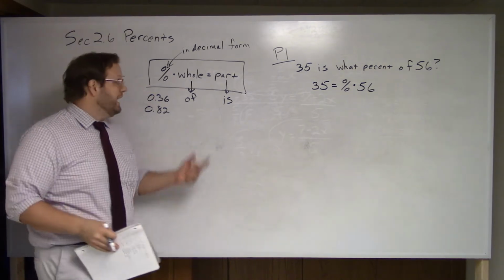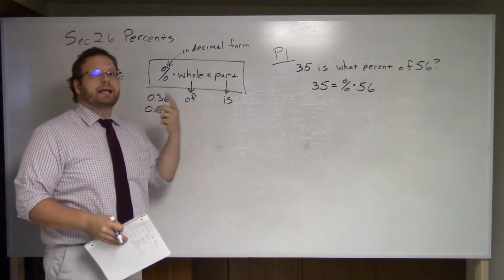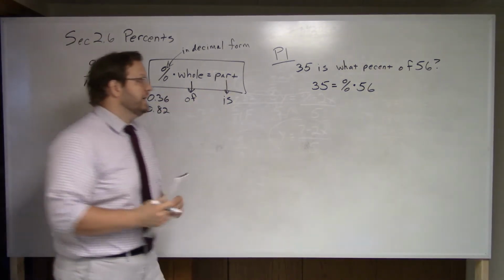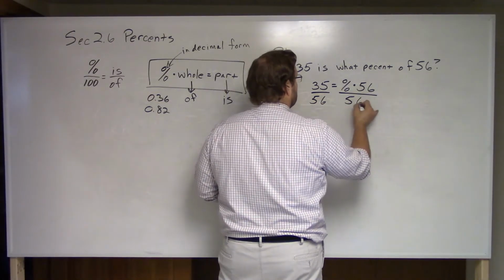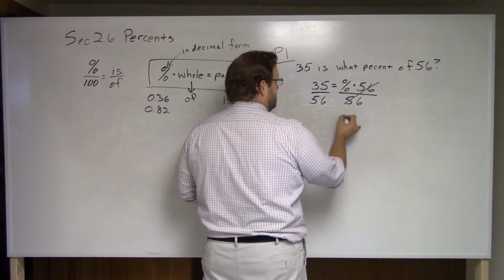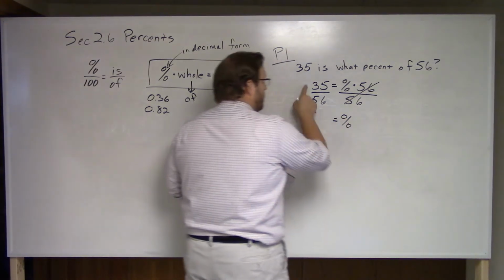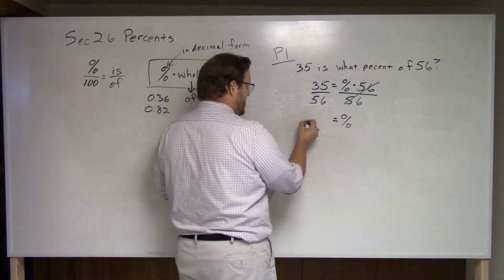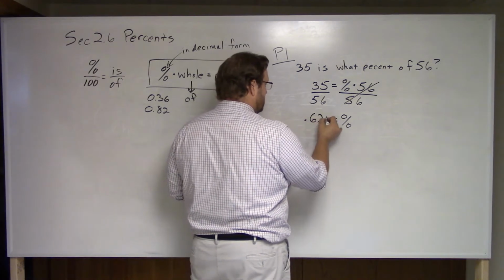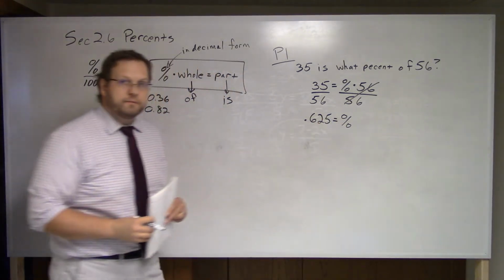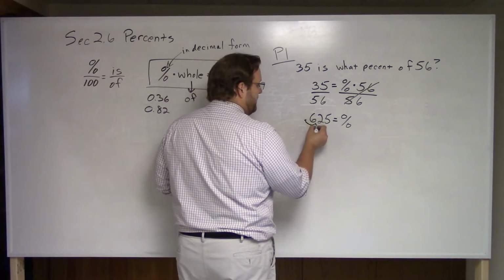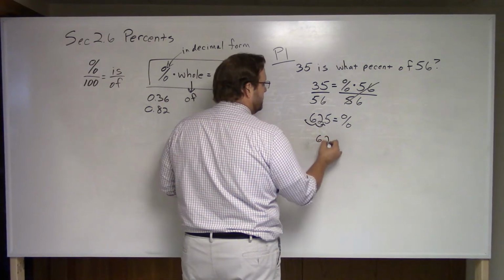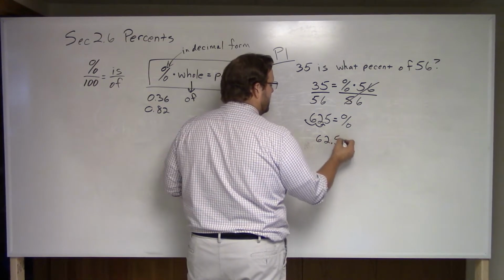That's it. I didn't have to reference the formula. I literally just translated. And then what I do is I divide by 56, and when I do that division, I should be getting 0.625, and then I move that back to get 62.5%.